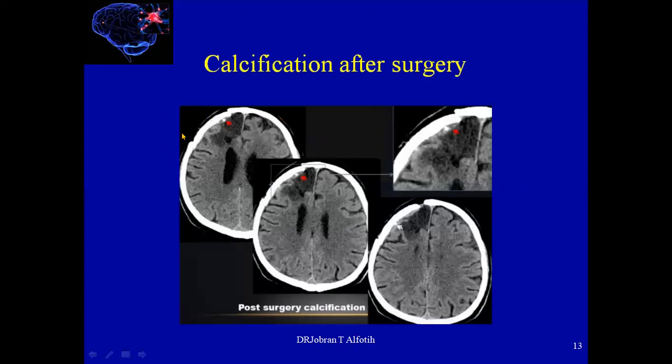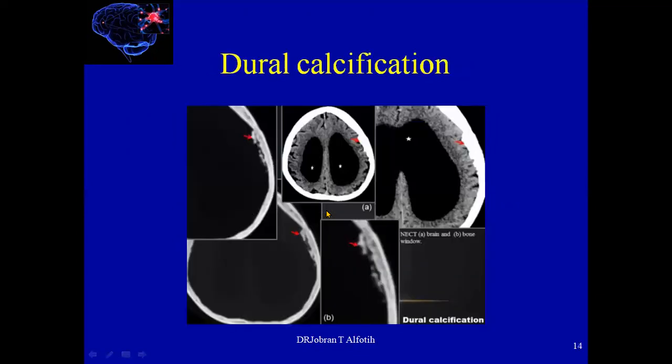Here, a patient after craniectomy, after an operation in the brain, as we see here, there is a nodular and another nodular calcification, with encephalomalacia, which indicates that the patient has had brain surgery.